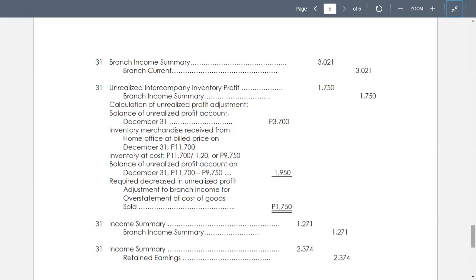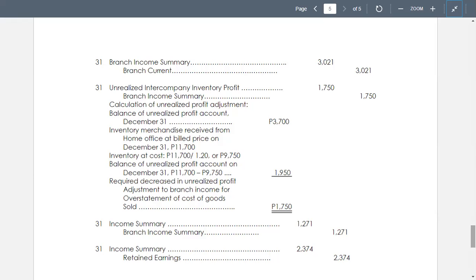So the cost of the inventory billed at 11,700 is 9,750. So if the bill price of the inventory is 11,700 and the cost is 9,750, in other words, the unrealized intercompany profit included is 1,950.